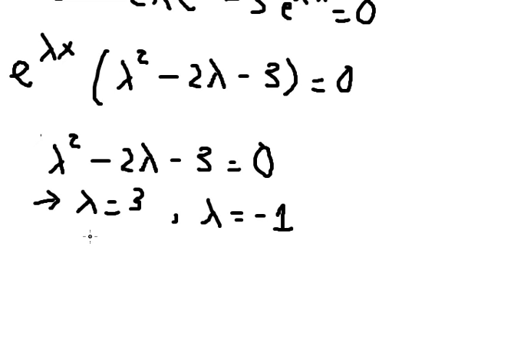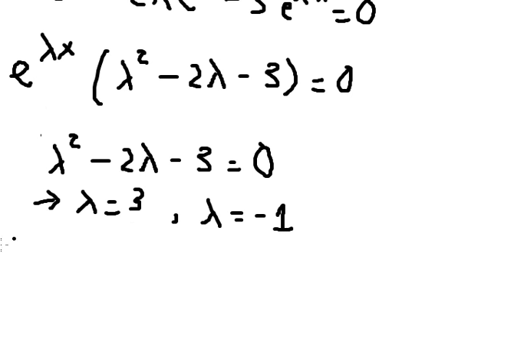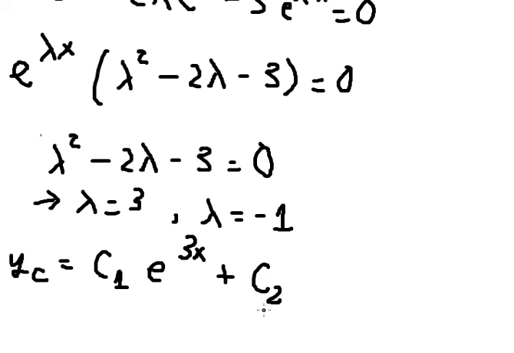So for this one, we have yc equals c1, the constant 1, e to the power of 3s, and c2, the constant 2, e to the power of negative s.